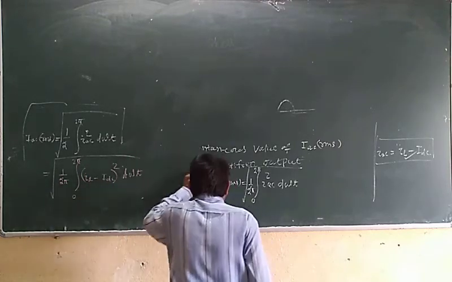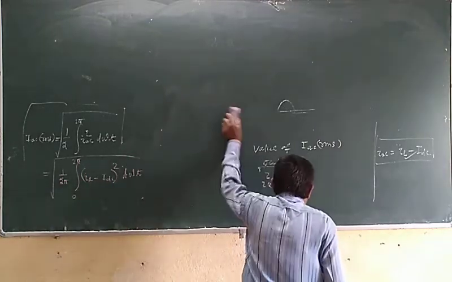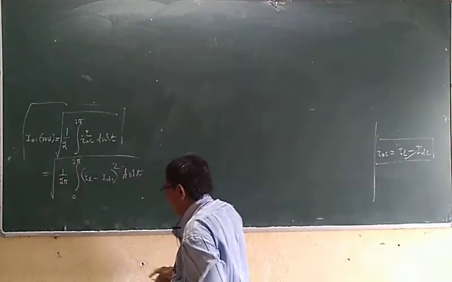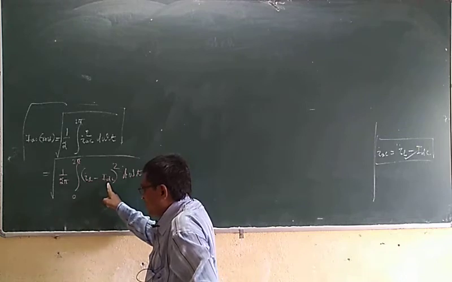Now we simplify this equation by the easiest method, using a minus b whole square.